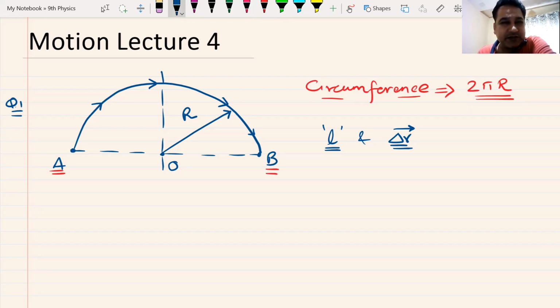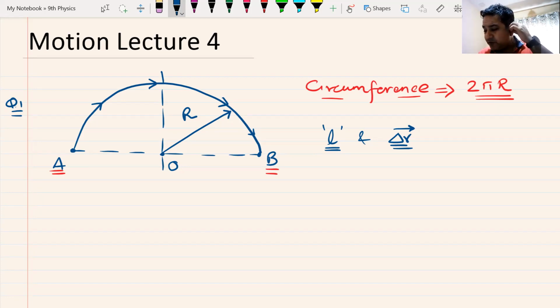I will say, yes, beta, this is not a question of straight line, but whatever we have studied, the definitions of distance and displacement, remember, these definitions are valid everywhere, whether it is motion in one dimension, motion in 2 dimensions, or general motion. Just to make this point, we are doing this question.